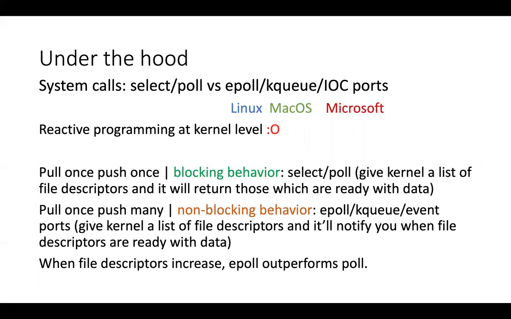Once you do this again and again with lots of sockets, like what I was telling about in the C10M problem, if you have 10 million file descriptors, you give the kernel all of them, and the kernel has to go through all of these to find out which is ready for read and which is ready for write.